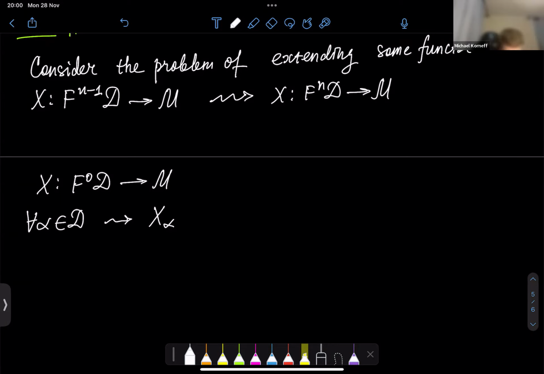And as the category F0D is a discrete category, then we are done.